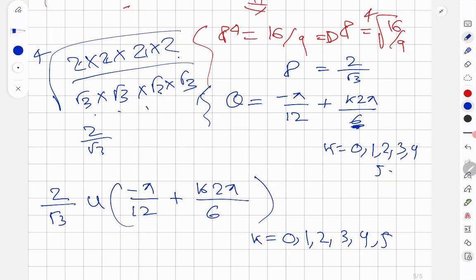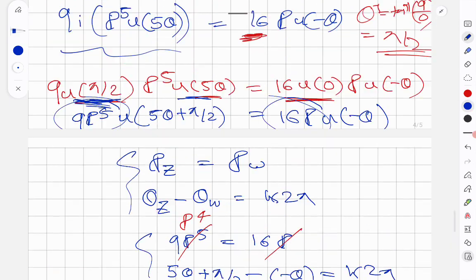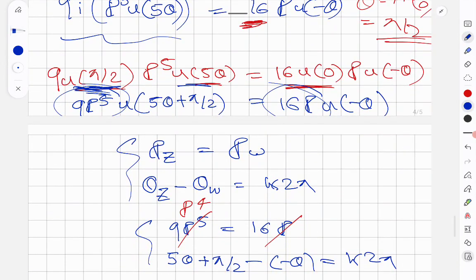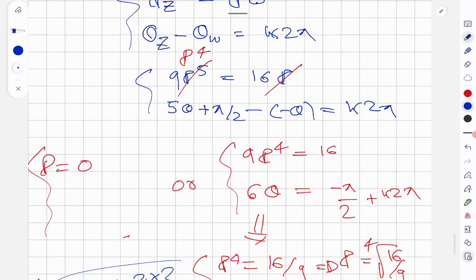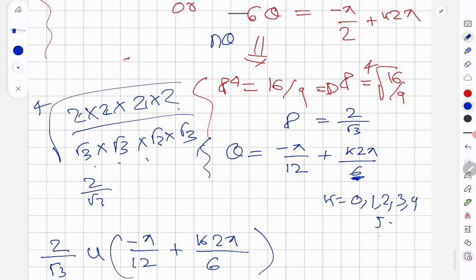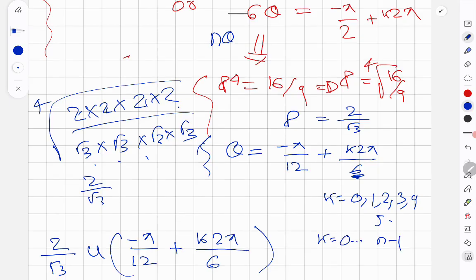We were finding the root, the maximum power of this one was 5 and the theta was 6 theta, so that's why our n is 6 over here. This one is n theta, so the value of k must lie between 0 to n minus 1.